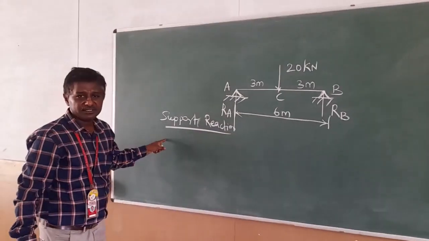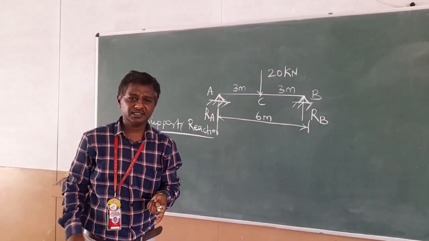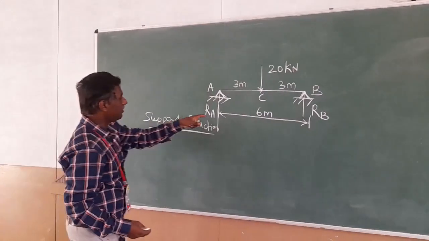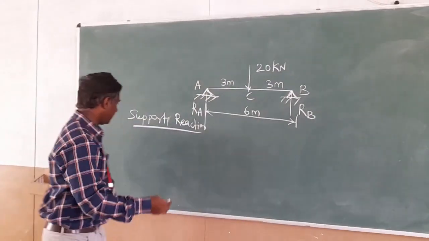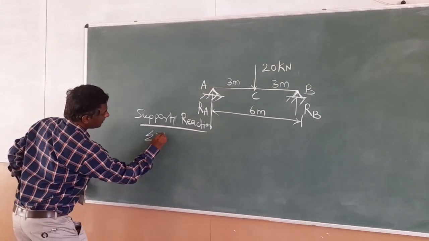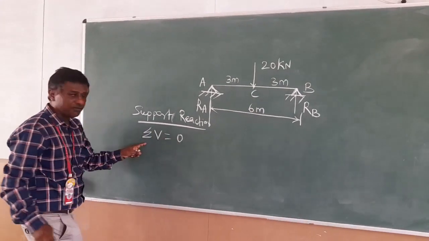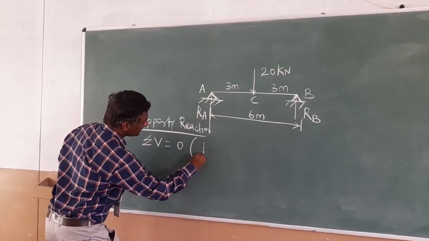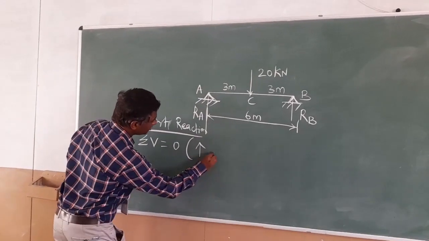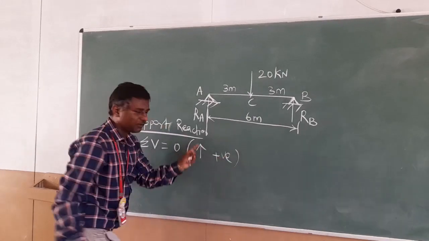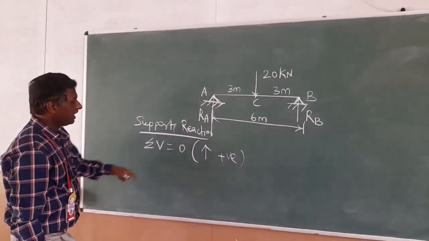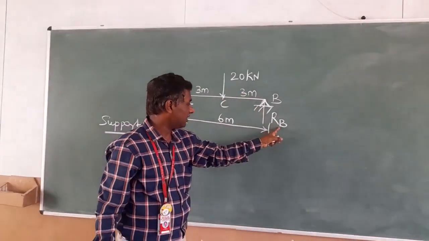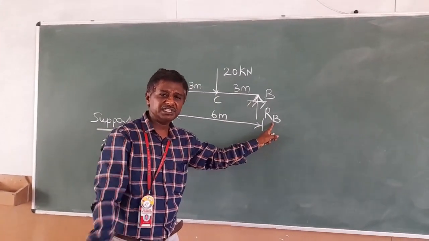The support reactions can be found by using the static equilibrium equations. Since we have only vertical loads, I am taking sigma V equal to 0, that means the sum of all vertical forces is equal to 0. With the sign convention, the upward force is taken as positive and the downward force as negative. I have RA as one force, 20 kilonewton as another force, and RB as another force, totally 3 forces.